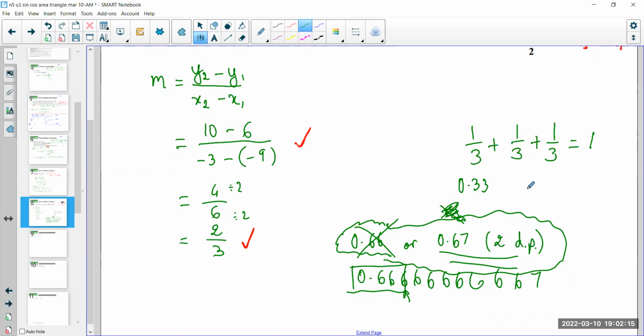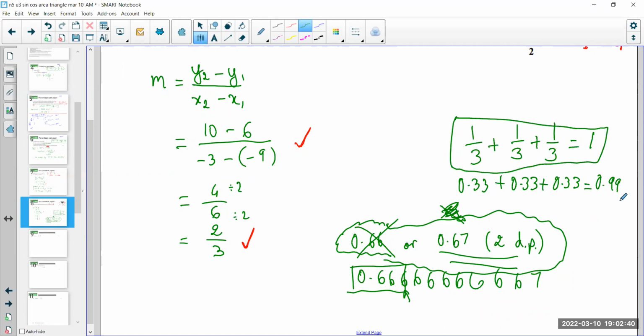If someone tells me this is 0.33 plus 0.33 plus 0.33, what is that? 0.99. Can you see a difference between 1 and 0.99? Yes. And that's why this should be how we write 0.33333. Okay.